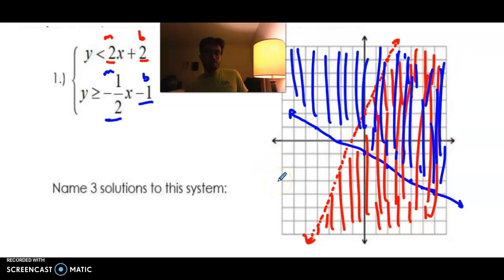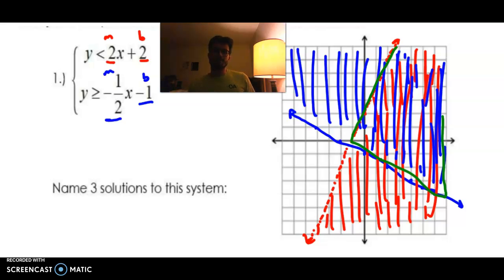Now, the solutions are where we have both colors. And if we look, the only place we have both colors is, I want green, is right here. In this area, so everything in that area.